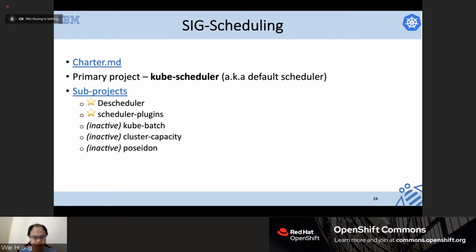This descheduler was initiated by Red Hat, so it's trying to resolve the problem that, along with the running of your cluster, some balanced situation may be broken. For example, at the point of scheduling, maybe your workloads are evenly balanced, but maybe some nodes have been shut down unexpectedly, so those pods got moved to other nodes.